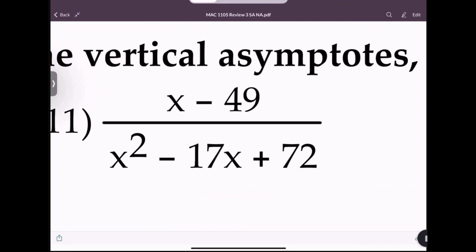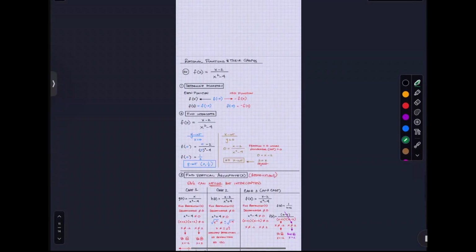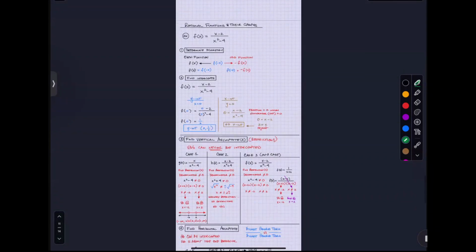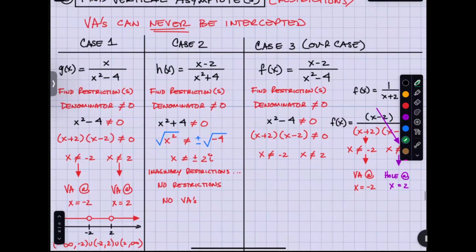If you remember when I did rational functions and their graphs, right, guys? When I did find vertical asymptote, the first thing I wrote down was it's based on restrictions.